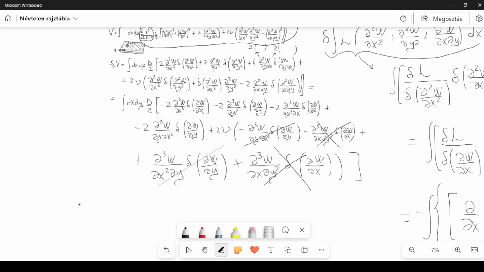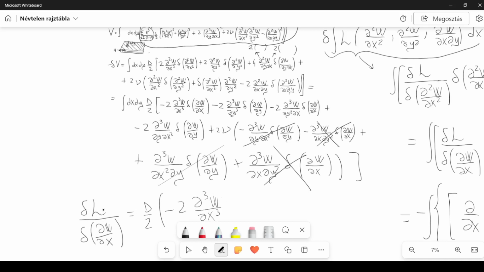So for example, if we want to calculate the change in L with respect to dw dy, or actually let's start with dw dx, we have to use this second expression here, because this is expanded in terms of these changes. So dL over dw dx would give us d over 2, which multiplies minus 2 d cubed w dx cubed.